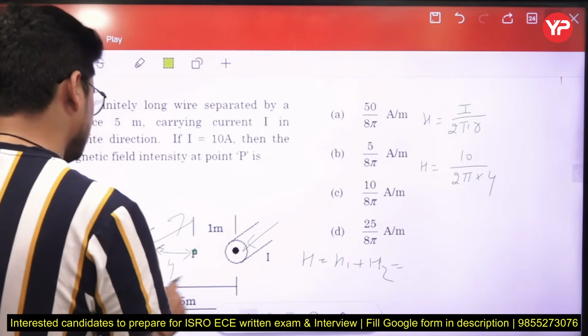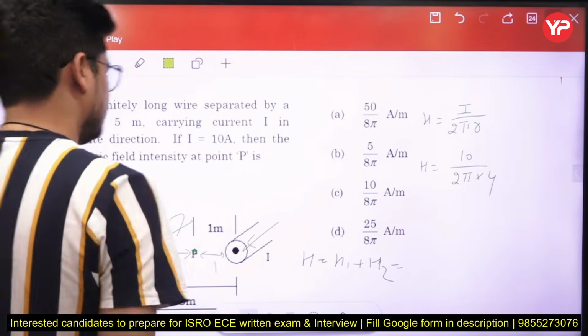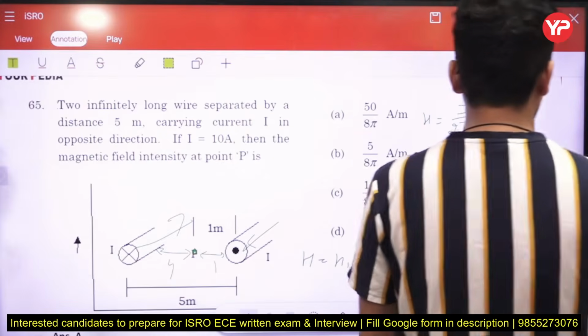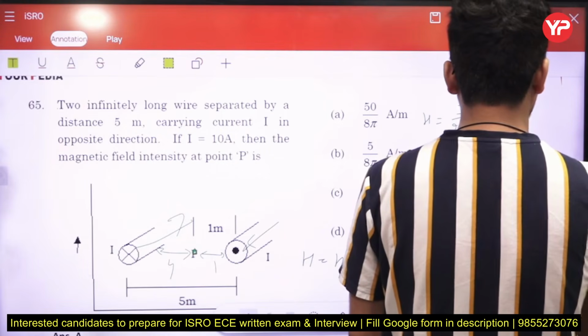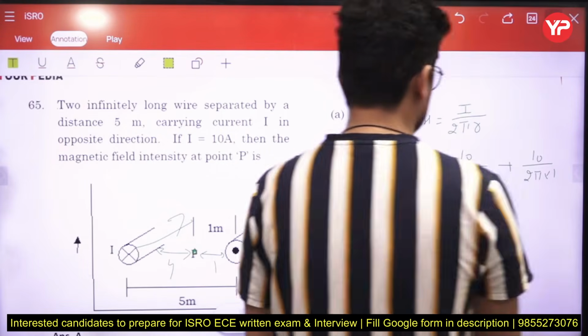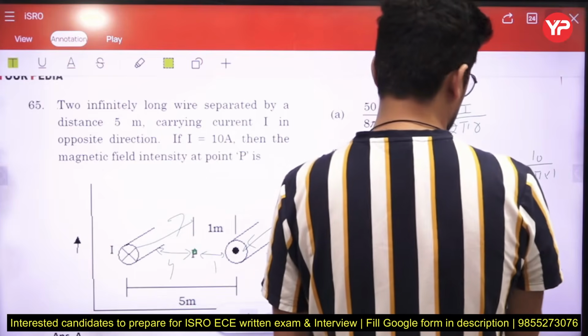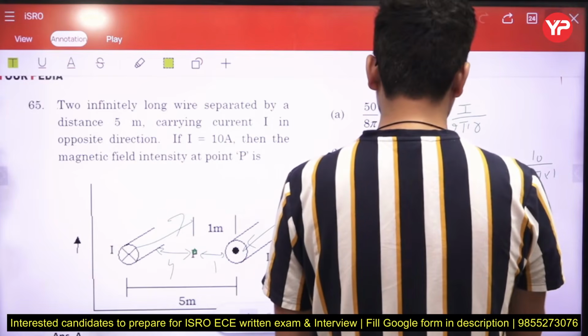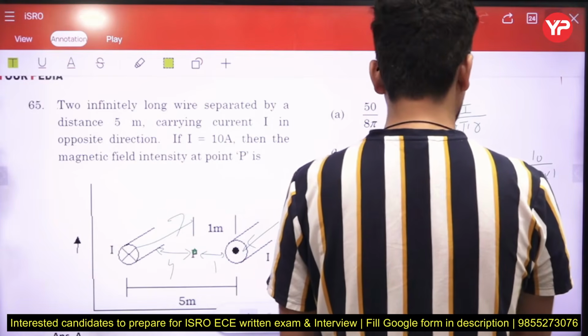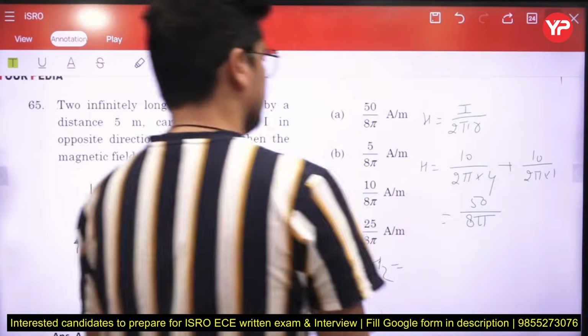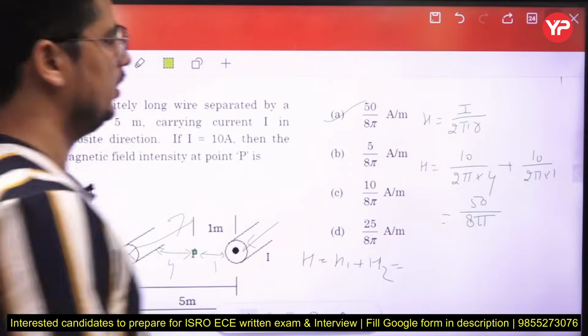That will be 4, and this distance will be 1, and the second value is 10 divided by 2 pi into 1. So that is going to be 50 upon 8 pi. So answer will be A.